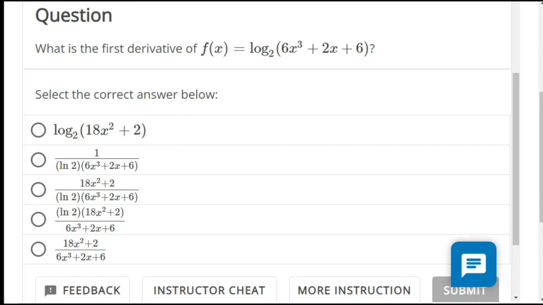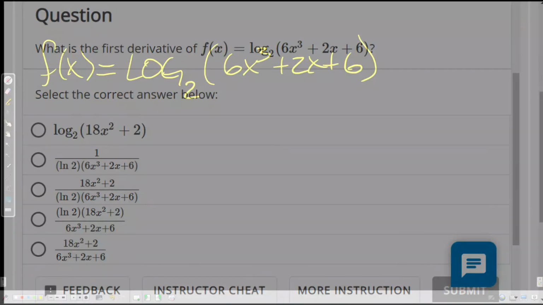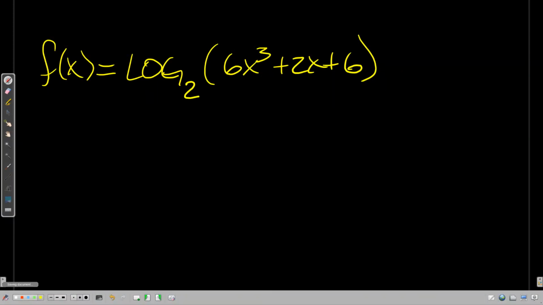So since I did the last two in a rush, we'll do this one worked out. So f of x is log base 2 of 6x cubed plus 2x plus 6. I want to simplify this one first.